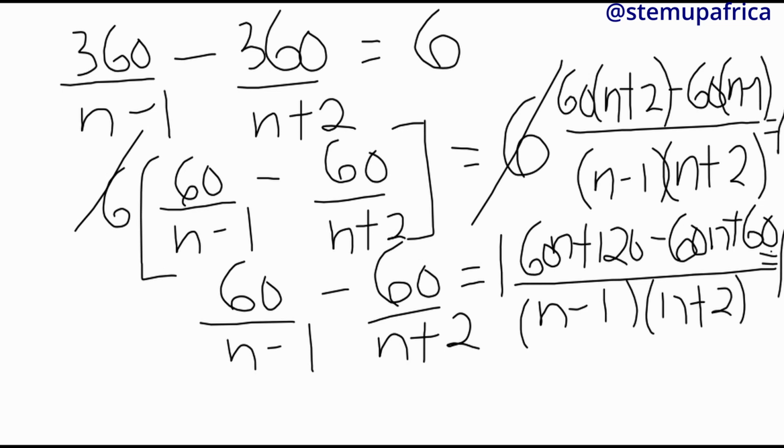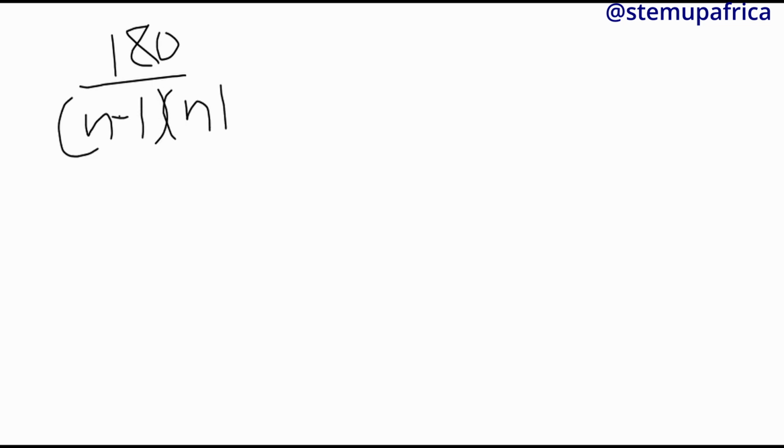So we can cancel 60n and 60n. We can add 120 to 60, that will give us 180. So having 180 over (n minus 1)(n plus 2) is equal to 1.